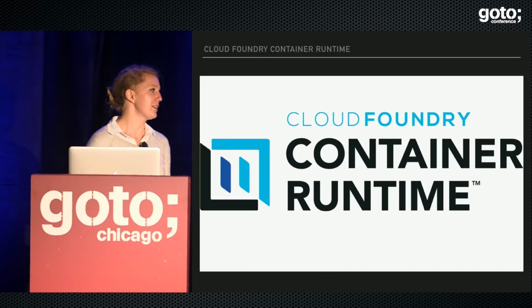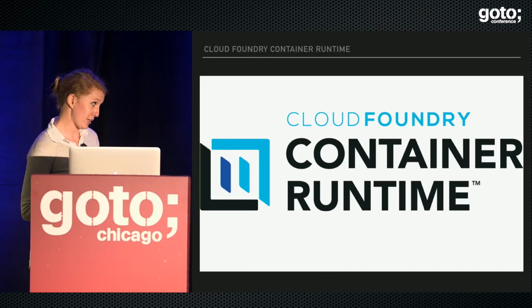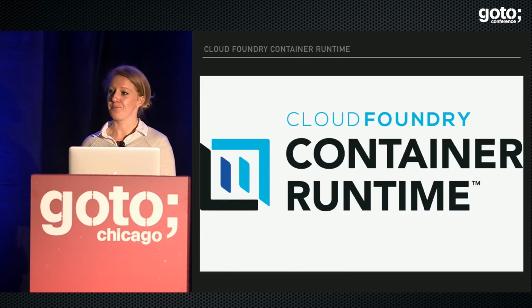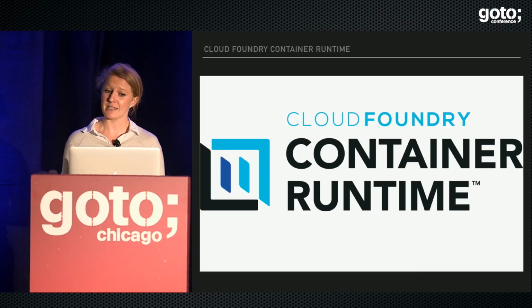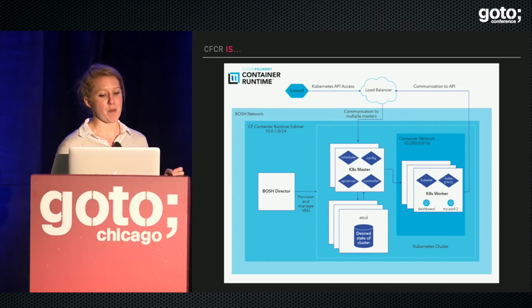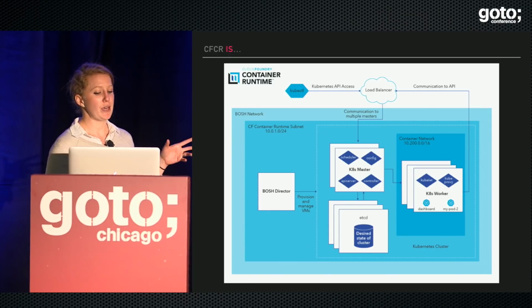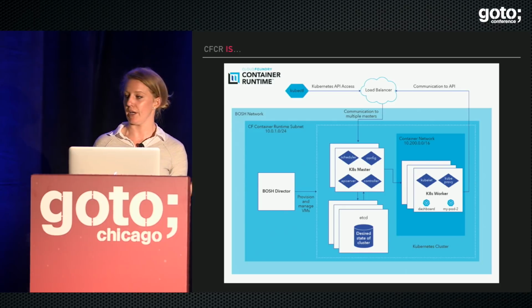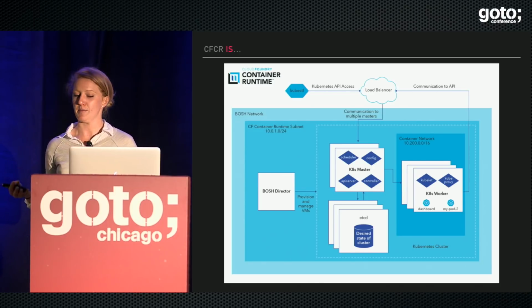Now we've arrived on the lovely mouthful of a name, Cloud Foundry Container Runtime, which again is the BOSH managed Kubernetes. So what is Cloud Foundry Container Runtime? A BOSH director is essentially the control plane for deploying and managing the lifecycle of the systems that it's deploying.